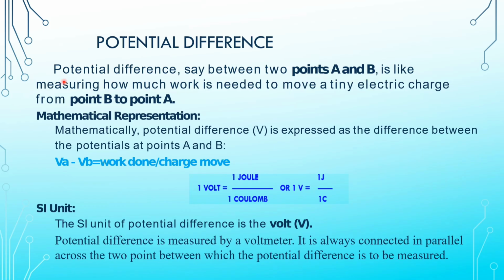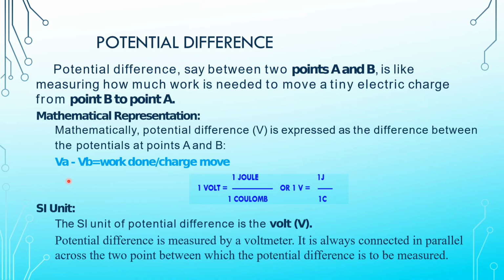It is like measuring how much work is needed to move a tiny electric charge from point B to point A. Mathematically, the potential difference is taken as V. It is expressed as the difference between the potentials of point A and point B. It is given as work done by the charge moved.